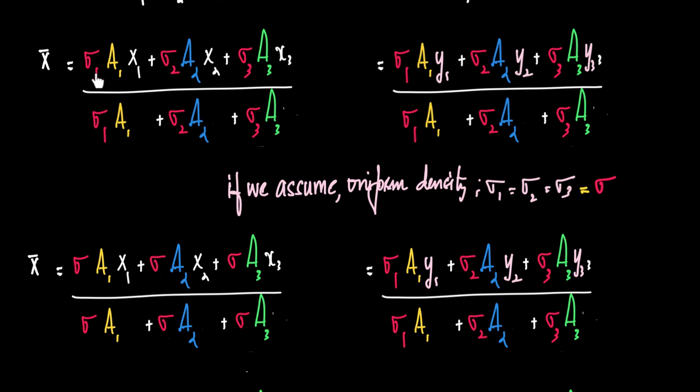So now I can replace sigma 1, sigma 2, sigma 3 with sigma in x bar, and similarly I can replace them in y bar, right?